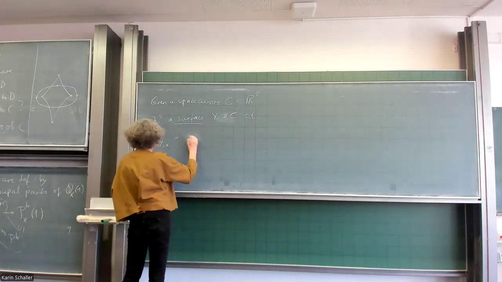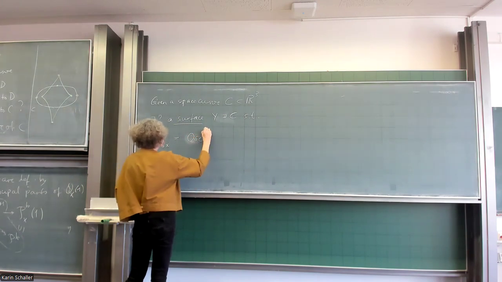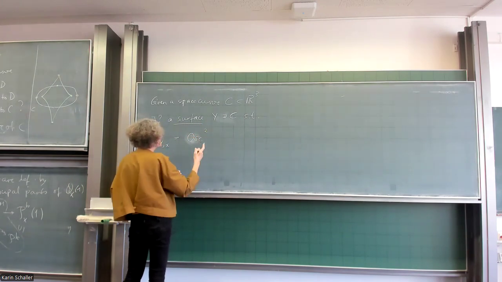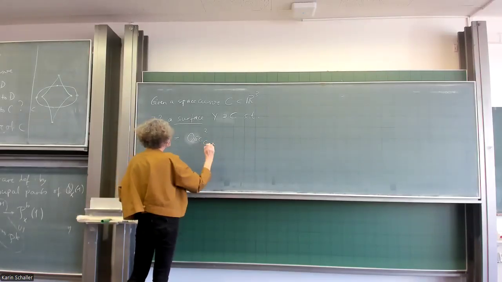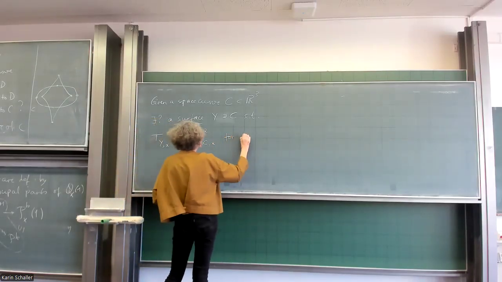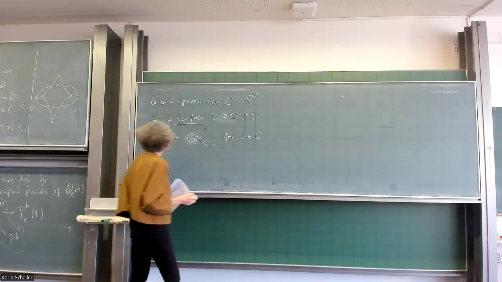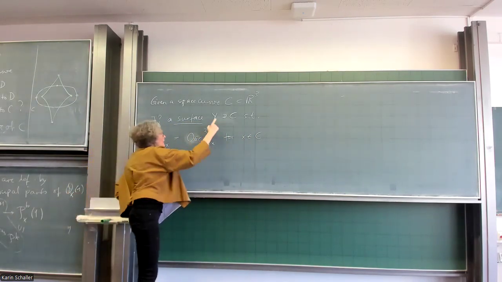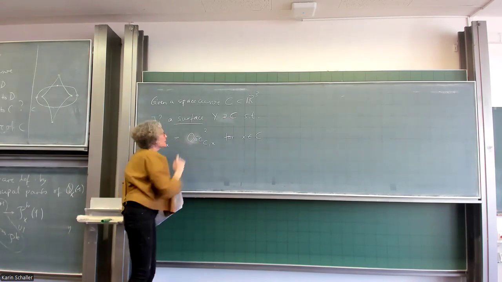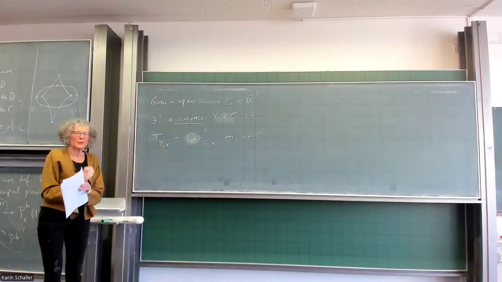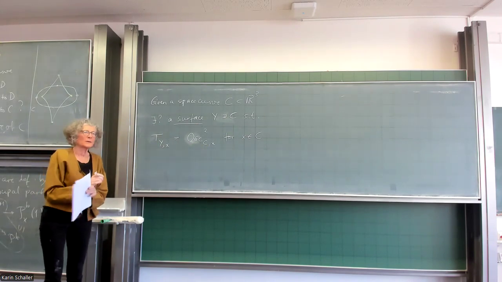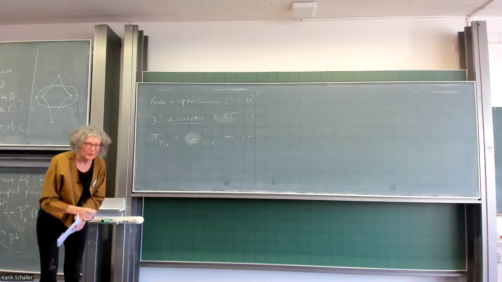I want the osculating plane that you see at the point X for X in C. So the points X on C are also on Y, and I want the tangent plane to the surface to agree with the second osculating plane to the curve.